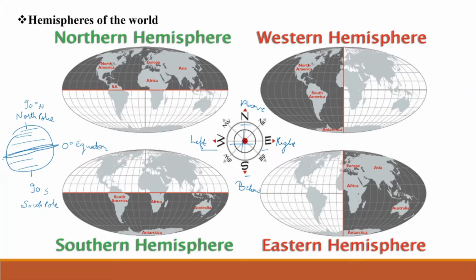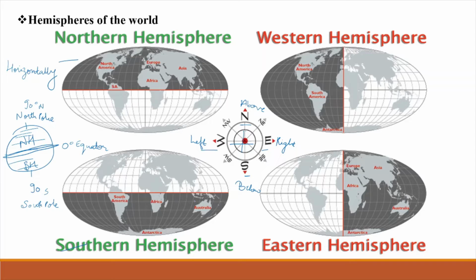Like we know, anything above will be north. So anything above the equator will be known as the northern hemisphere, and anything below the equator will be known as the southern hemisphere. So when the globe is divided horizontally, we get two equal parts, the northern hemisphere and the southern hemisphere.